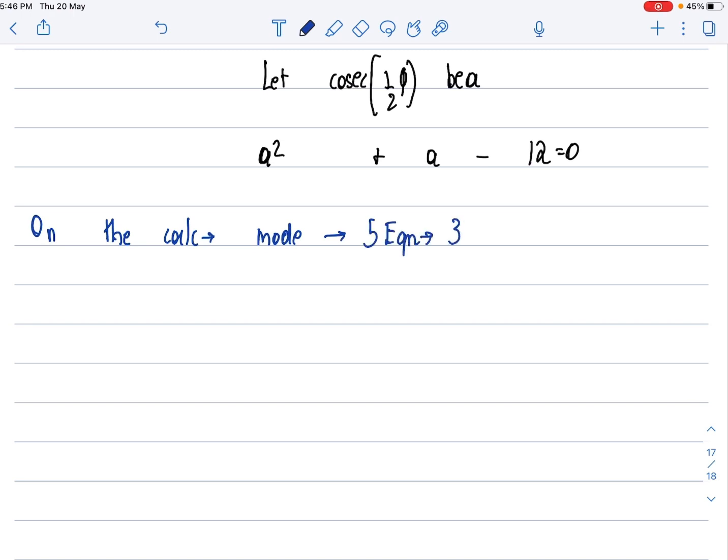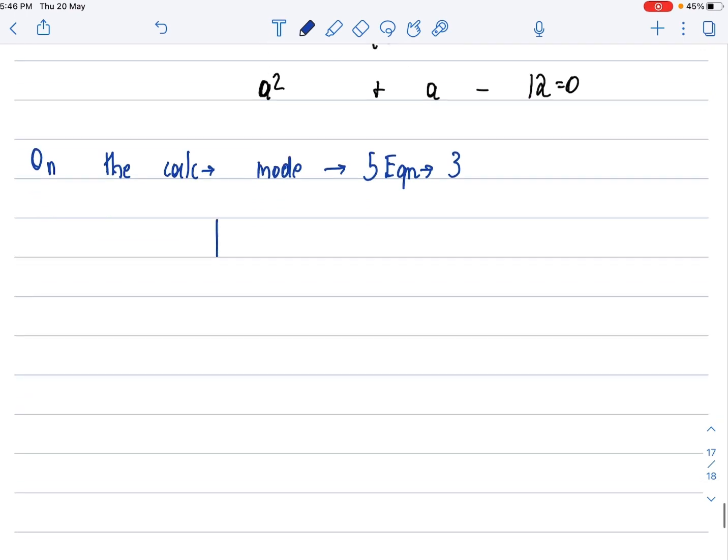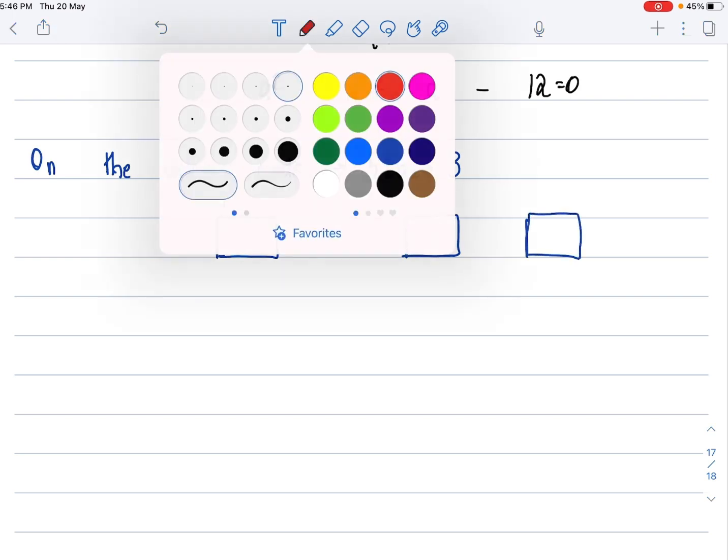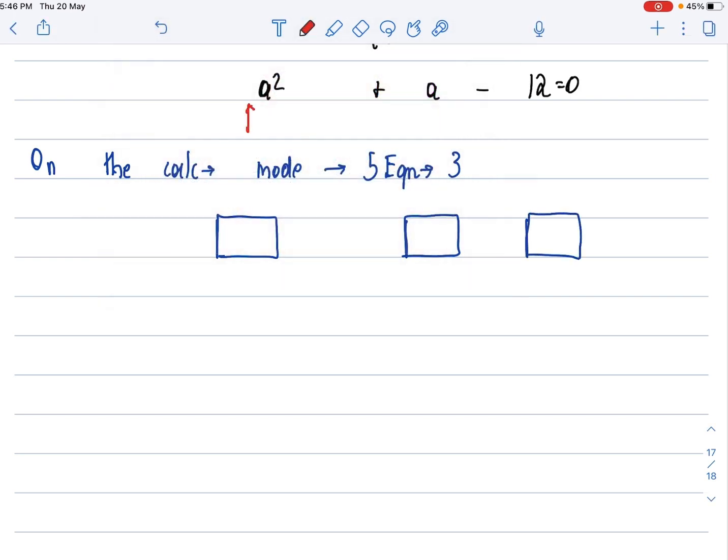Then you can click on 3. Now when you click on 3, you get 3 boxes here. So in the first box, put the coefficient of a square, which is 1. In the second box, put the coefficient of a, which is 1. And in the last box, put minus 12. So I get 1, 1 and minus 12.